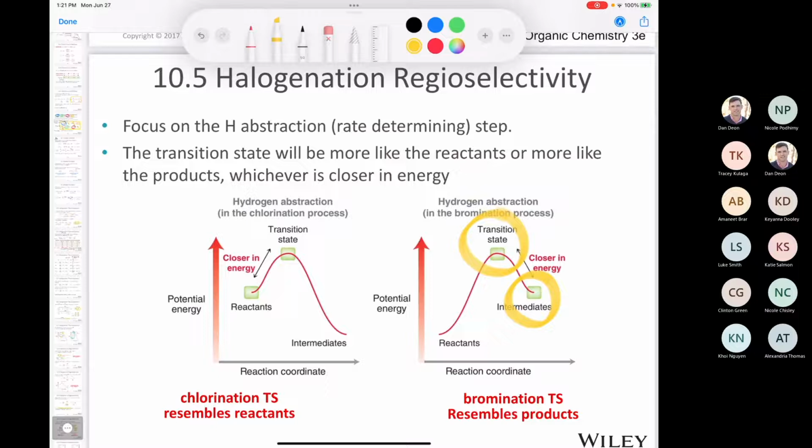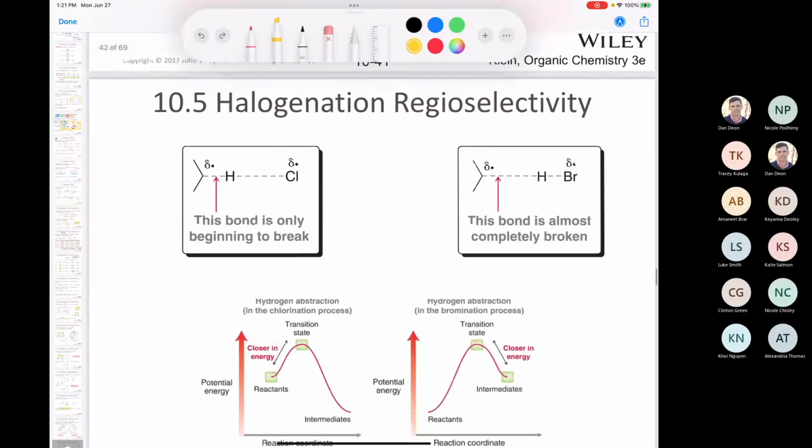And we know that a tertiary radical is more stable than a secondary, is more stable than a primary. So the transition state here is going to be much more affected by radical stability. And that's why bromination is so much more selective. The transition state resembles the products for bromination, whereas in chlorination, the transition state just resembles the reactant. So it has very little radical character.